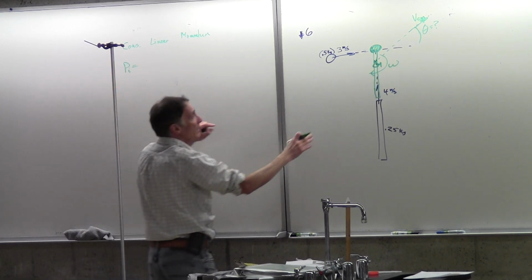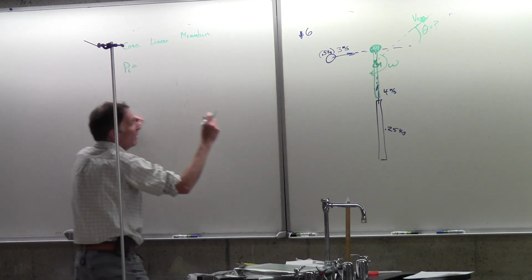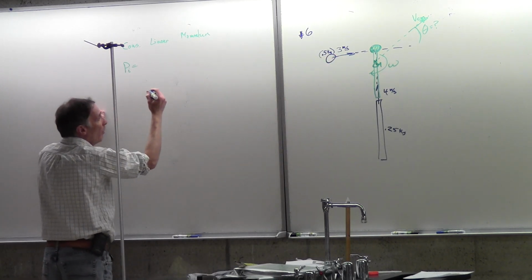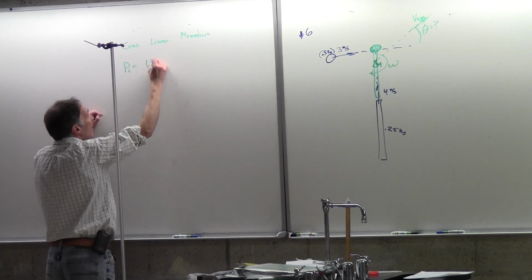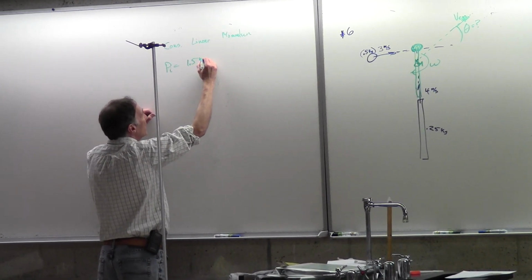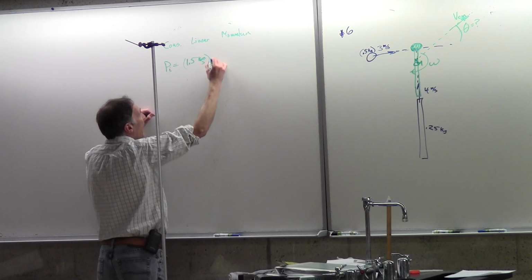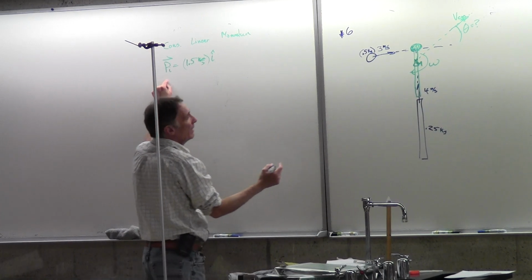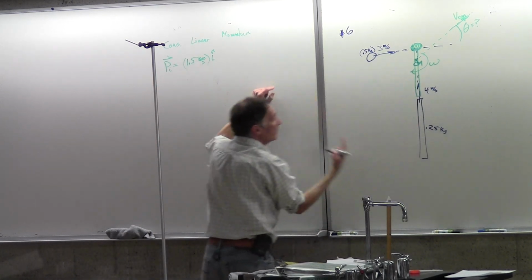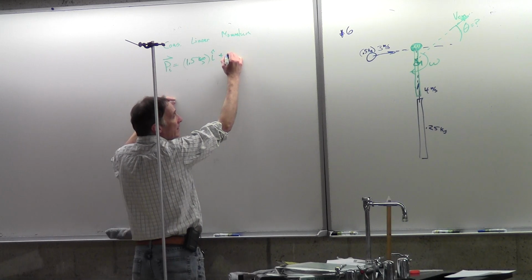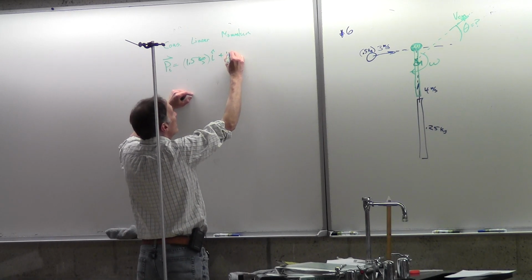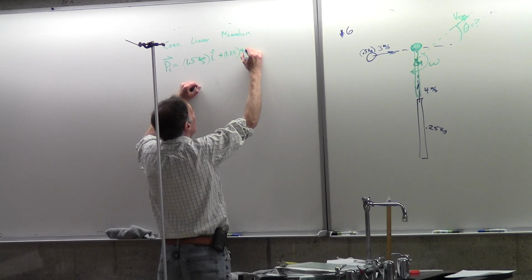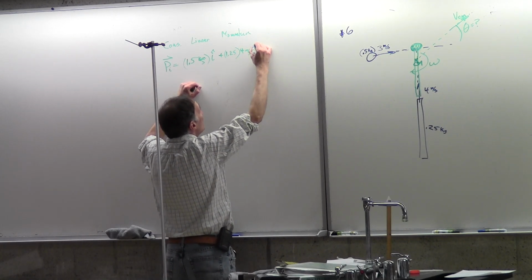I've got this in the x direction: 3 meters per second times 0.5 kilograms is 1.5 kilogram meters per second in the i direction. And then I've got this in the j direction: plus the meter stick was 0.25 times its velocity of 4 meters per second, in the j hat direction.